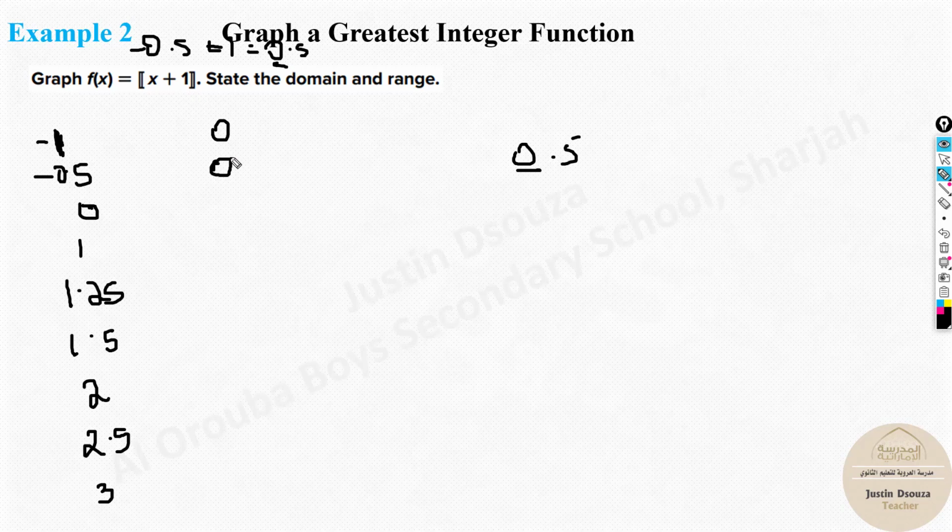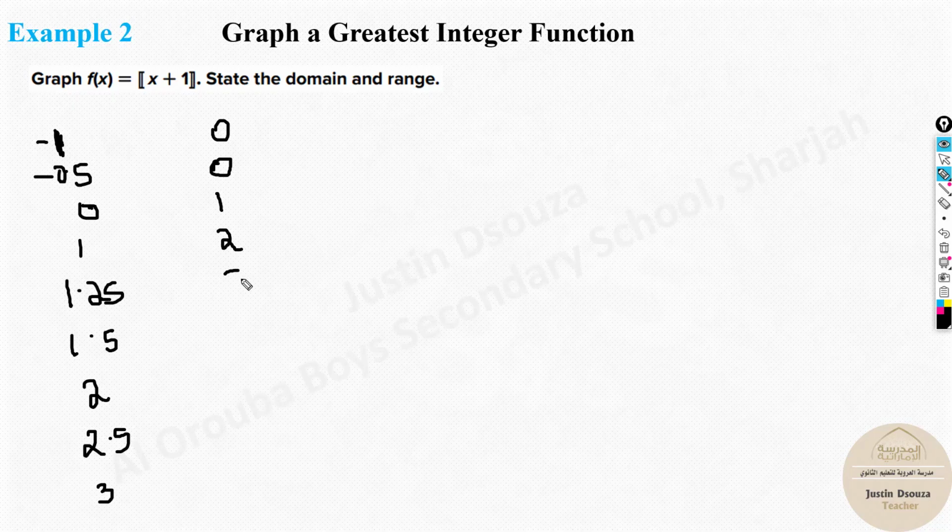What's the integer? 0. Now, what if you put 0? Then you get 0 plus 1, it's 1. Directly write 1. What if you put 1? 1 plus 1, it's 2. Directly write it. But now 1.25 would be 2.25.